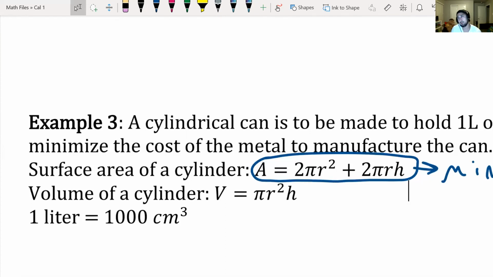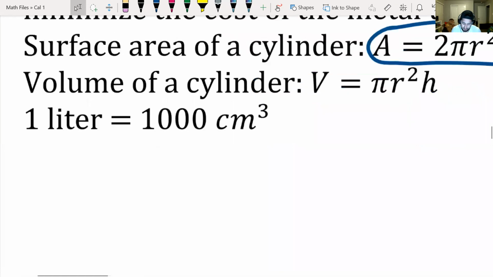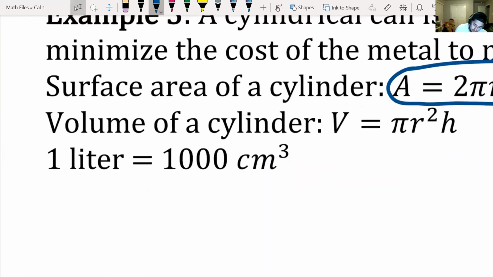No idea, or maybe a little idea of why it wants us to convert this problem into cubic centimeters. Yes, volume is given by cubic centimeters and also by liters, right? But for this problem, just to work nicer, we're going to convert it to 1,000 cubic centimeters. So our first step is to make a substitution for that h. Okay, so that is the first step. So step 1.